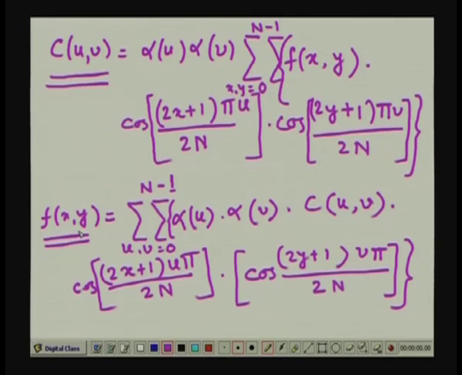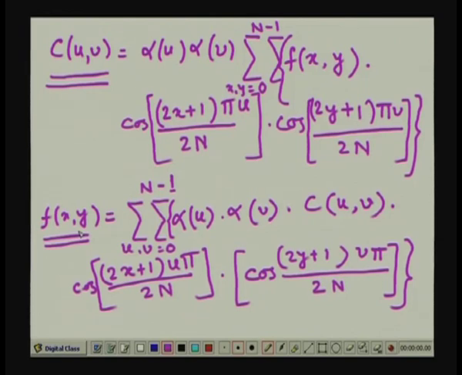The reason being, in case of forward transformation, the summation is taken over x and y varying from 0 to capital N minus 1, so alpha(u) and alpha(v) are independent of this summation operation. Whereas, in case of inverse transformation, the double summation is taken over u and v varying from 0 to capital N minus 1. So, these terms alpha(u) and alpha(v) are kept inside the double summation operation.